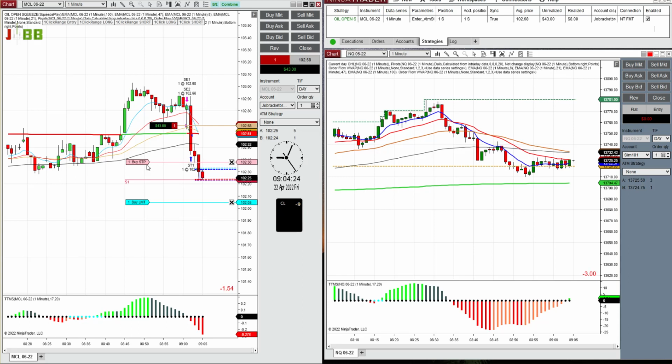Not ready to go to the top of the next candle yet. That would stop me out. Okay, I'm ready to go to the top of the next candle.